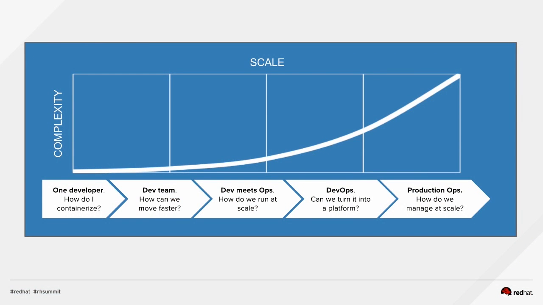So I just want to point out that what we're seeing today with containers is something that we already saw and learned from other technologies. You might have a developer that wants to start experiencing this new technology. And then that contagiously touches other engineers, and soon you will have a team working with that technology, and then multiple teams.